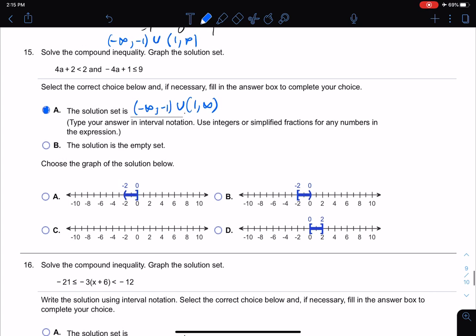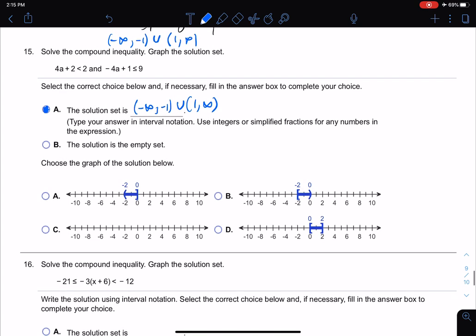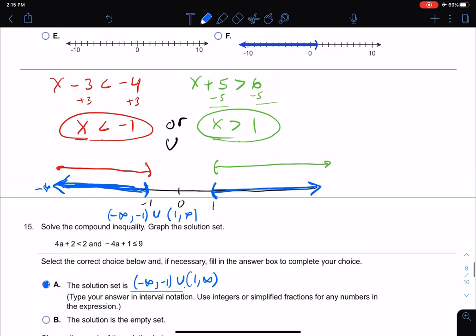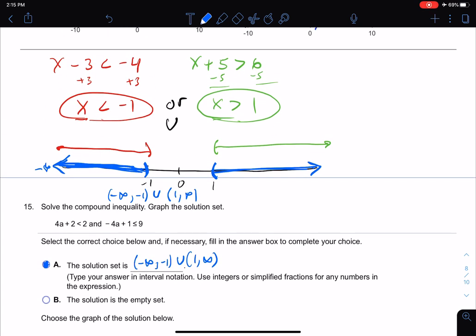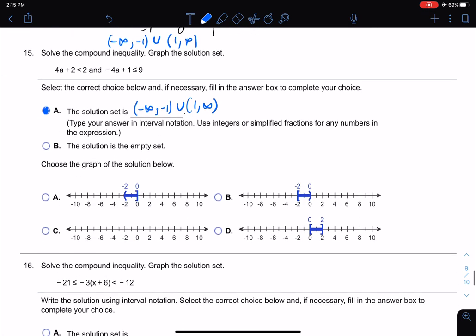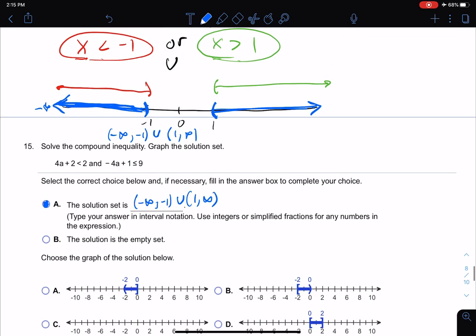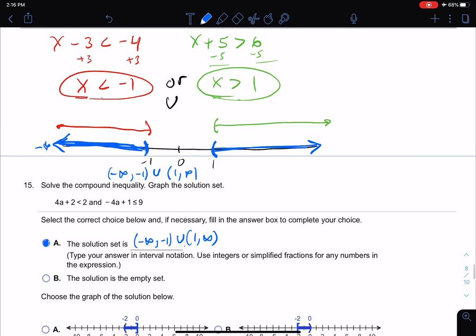And the graph of this problem, wait, what's going on here? Am I looking at the wrong page? Wait, what problem am I doing here? Somehow I got union.